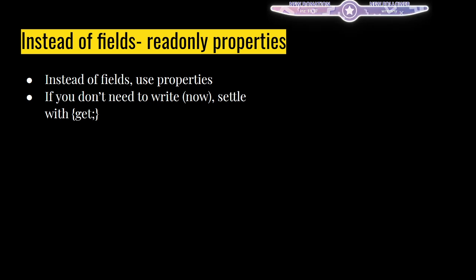Read-only properties, get-only properties allow us to restrict writing of data to the field, and that just makes things better. It reduces the amount of things that can go wrong with data itself.